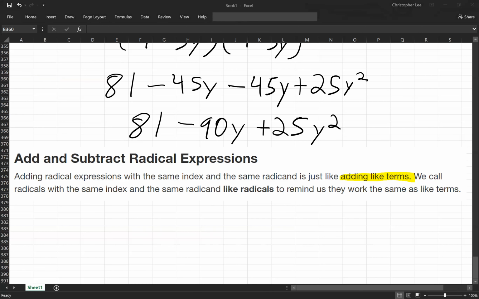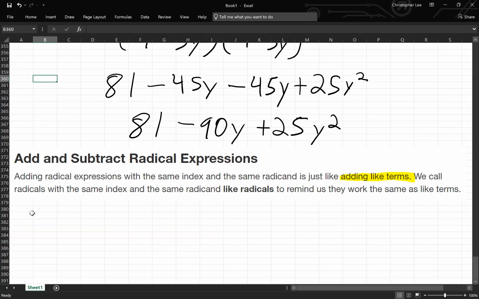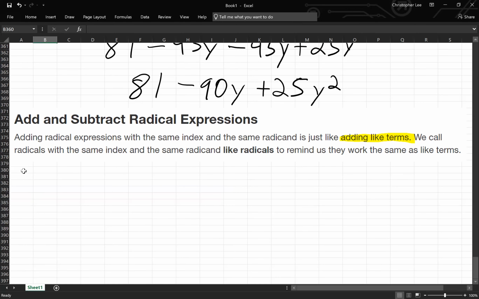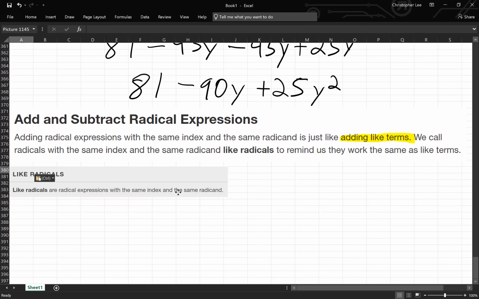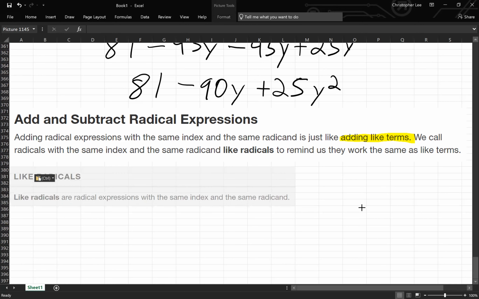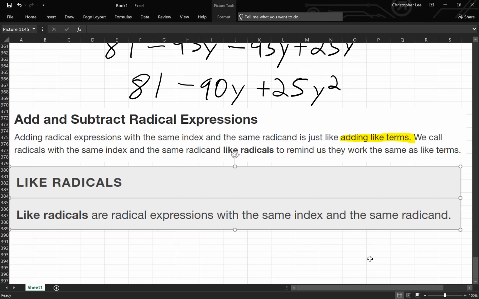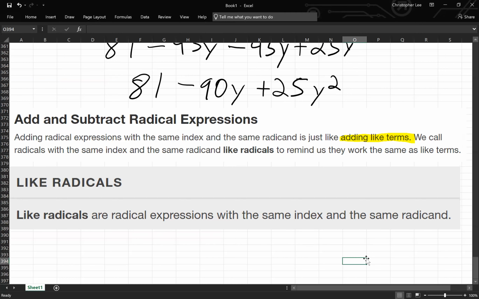Big shock, we all know how to do this already. Like radicals are radical expressions with the same index number and the same radicand.